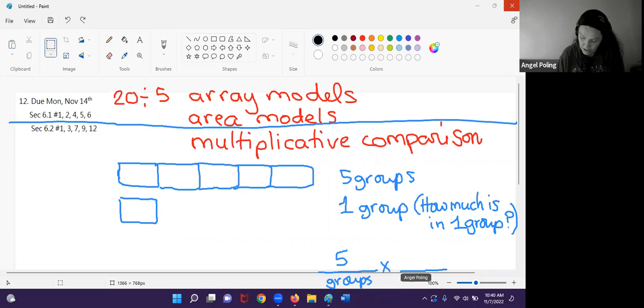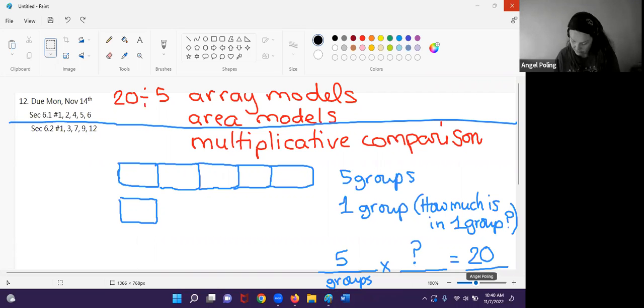What we don't know is how much stuff is in a group that gets us up to 20 of those things, right? So I usually call them items per group.